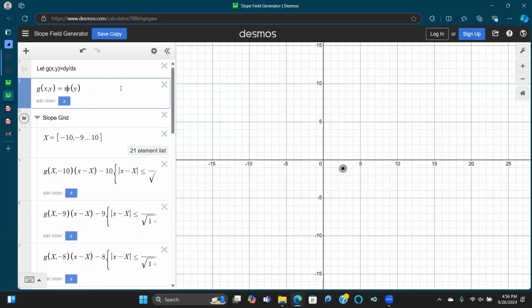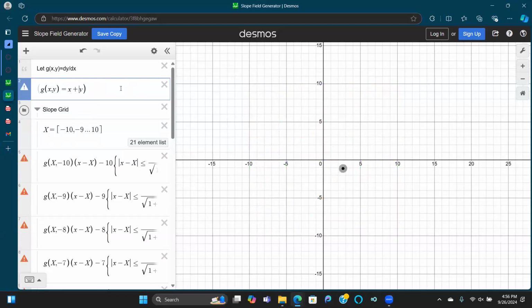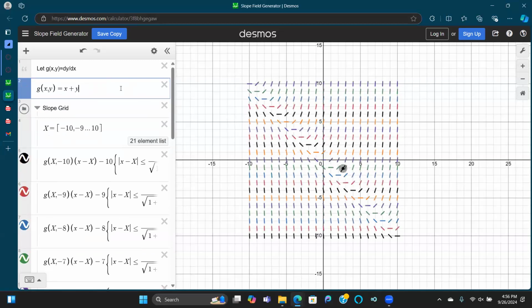If I change it to x plus y, then I have this slope field. Solutions sort of follow the line y equals negative x and then go up. Or if they're a little bit below the initial conditions down here, then they start going down very quickly.